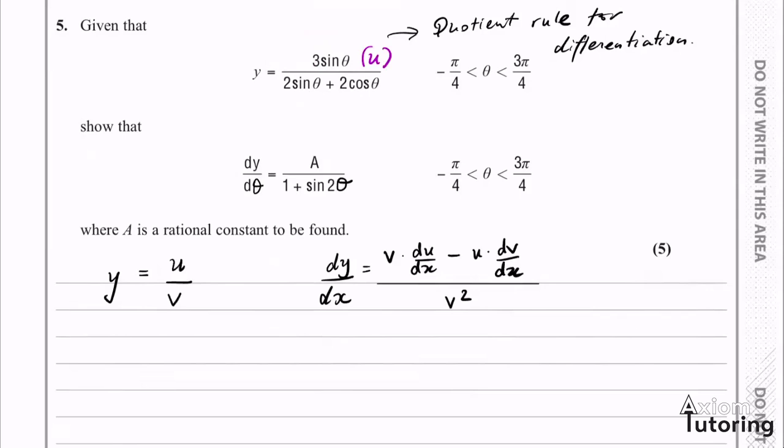So that's going to be 2 sine theta plus 2 cos theta. So that's v. Okay, and we'll write it down here as well to make it super clear. u is 3 sine theta, and v is 2 sine theta plus 2 cos theta. And I'll also label this here. This is our quotient rule.